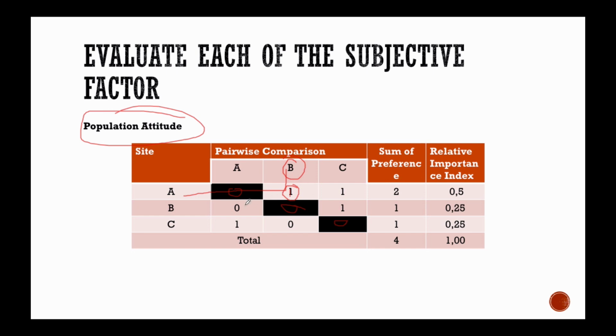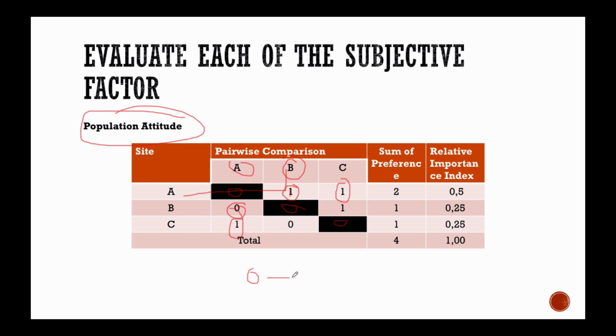I write 1, and I write 0 here, because I state here that side A is better for the population attitude than B, so B is not better than A for the population attitude. But if you think that it is equally important, you can write 1, 1.